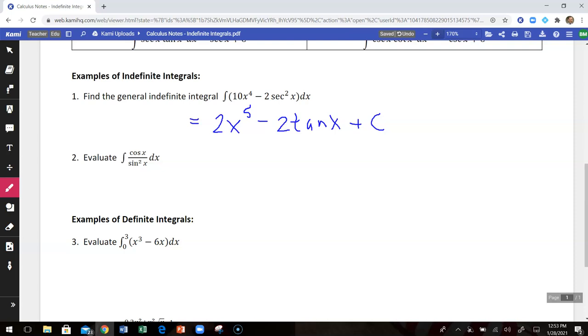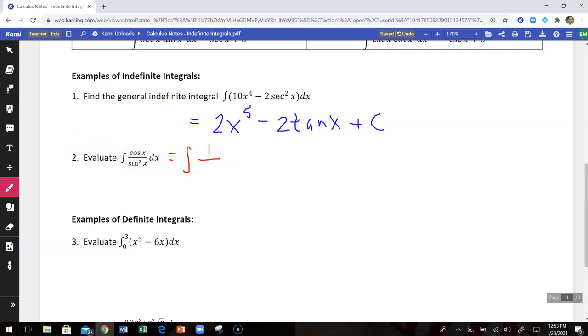On number 2, we've got a little bit of work that we need to do before we integrate. We have cosine x divided by sine squared x. So I'm going to simplify this down. I'm going to take this sine squared and leave one of those underneath cosine, and think about the other one as being just a 1 over sine x.